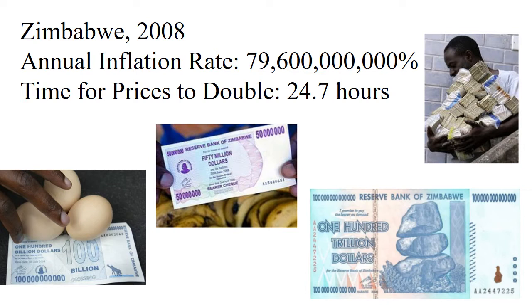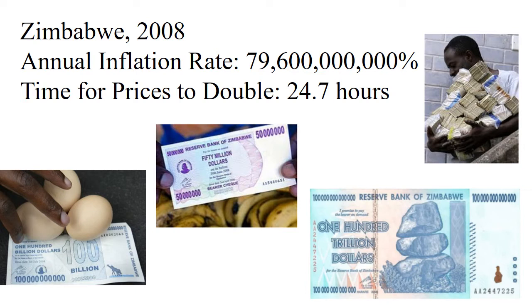You can imagine if inflation was that high, your savings account's going to be wiped clean pretty quickly. So people had nothing in the bank left over, and it's going to be harder for wages to catch up to these rising prices. You're not going to be getting a raise or doubling your paycheck every single day.